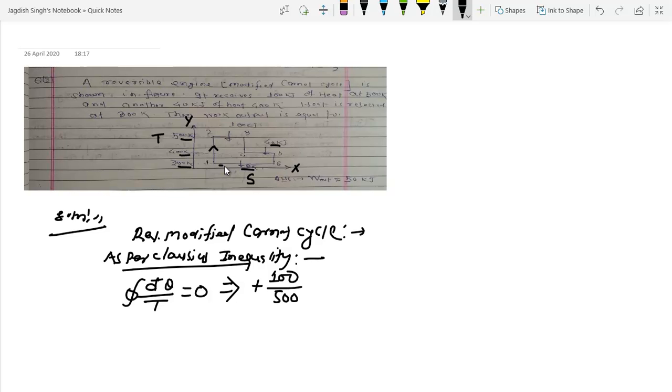Now process 4 to 5: once again heat is added. This 40 kilojoule of heat is added at 400 Kelvin, therefore the sign will be positive. Process 5 to 6 is once again isentropic expansion, there is no heat addition.